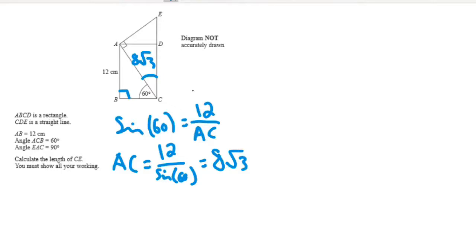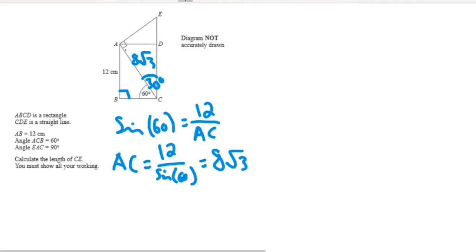Next comes the angle. Well, because ABCD is a rectangle, this whole angle here is going to be 90. If you've used up 60 here, what does that leave you with? That leaves you with 30. So now we have, for our big triangle, EAC, a side, an angle, and another side that we want.